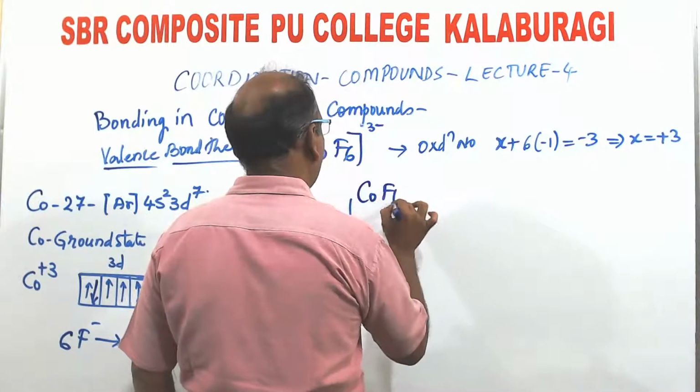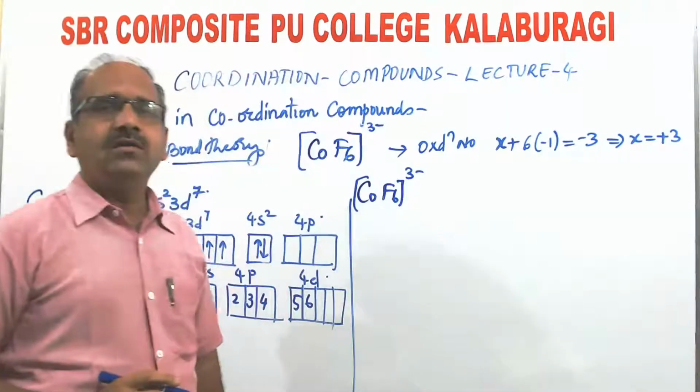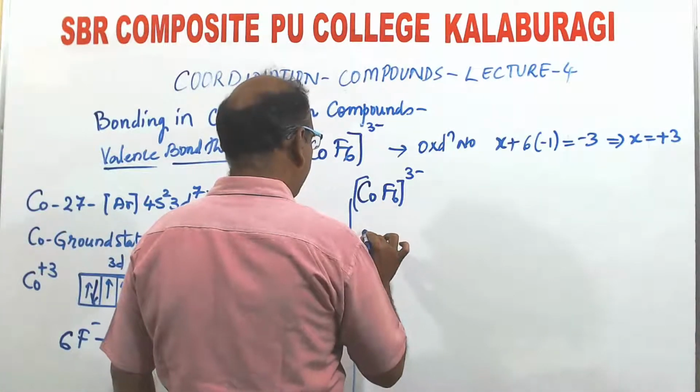So here, cobalt hexafluoride. The six fluorines will bring 12 electrons, and how are those occupied?